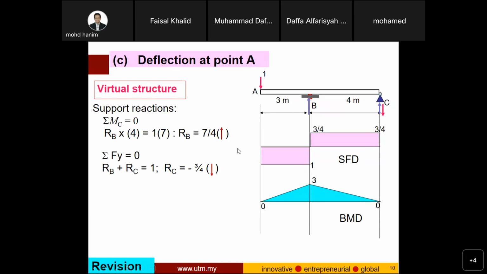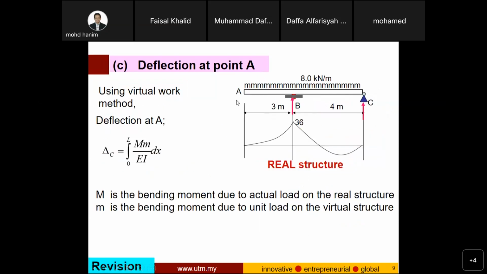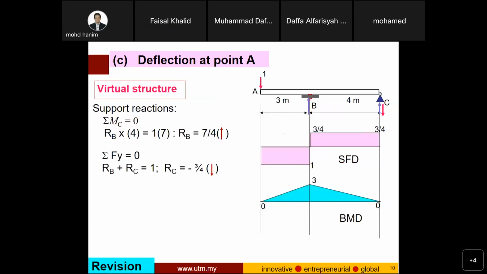And we have the reactions at B and C. So we now have both the virtual structure and the real structure. Then what next?